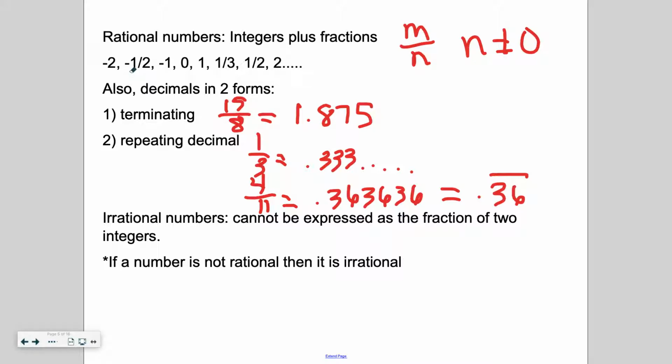Okay, so rational numbers are anything that can be written as a fraction, or if it's a decimal, it has to be terminating or repeating. Okay, the number pi, what's the decimal version of pi? Anyone know? Wow, you've got a lot more digits than me. 3.14159265.